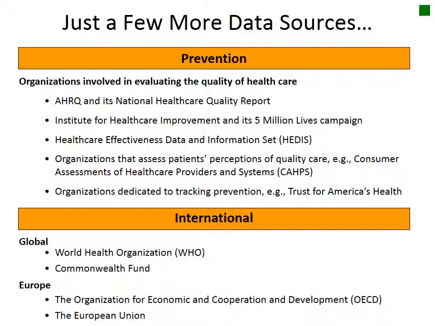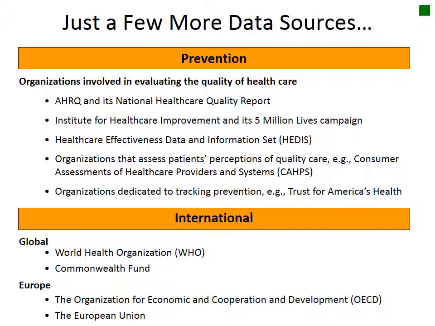This is kind of to orient you. Remember our lecture on primary, secondary, and tertiary prevention. A focus on primary prevention would focus on health education and policy making, for example.